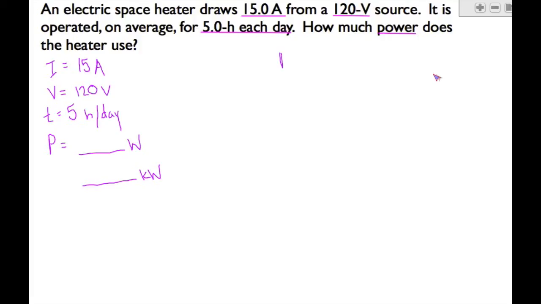So our power formula says that the current times the voltage equals the power. So I'm going to take my current of 15 amps, and multiply that by my voltage of 120 volts, and I'm going to get 1,800 watts.